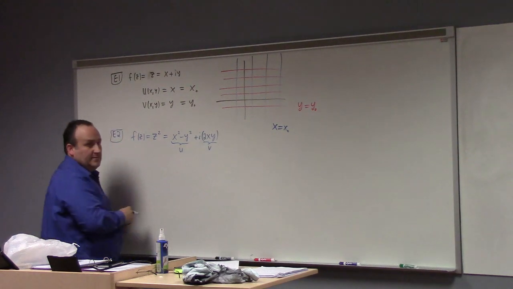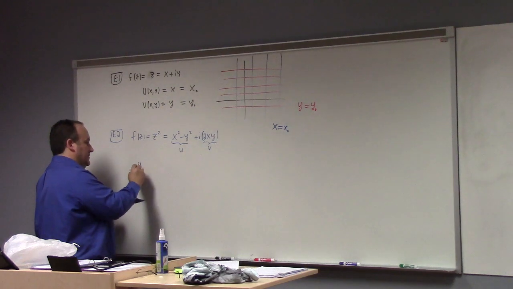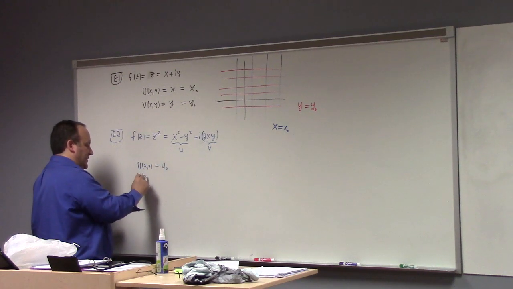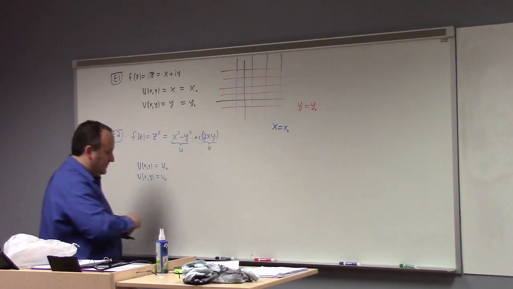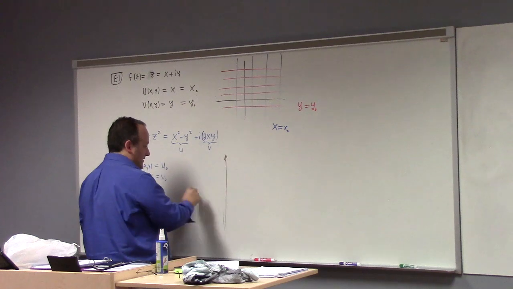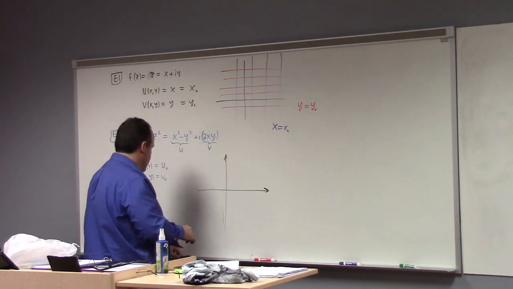And again, if you were to look at u of x,y equal to a constant and v of x,y equal to a constant, what would you get? You get level curves. That's what a level curve is, a solution set of a function equal to a constant.